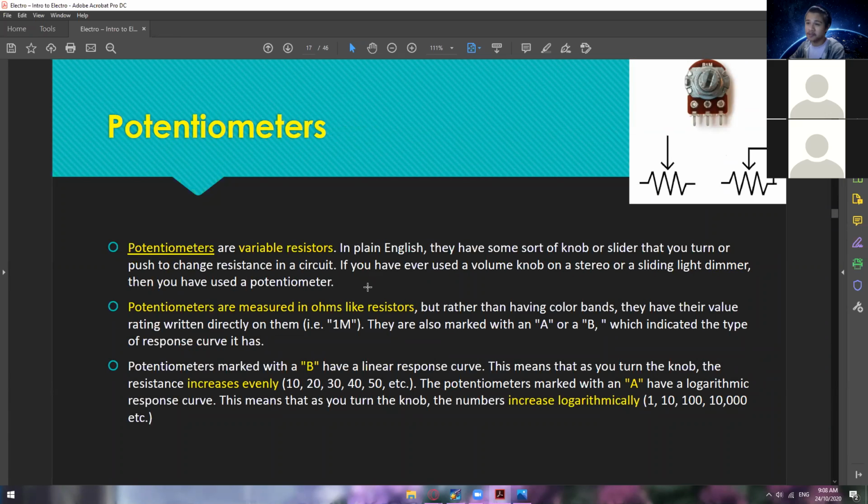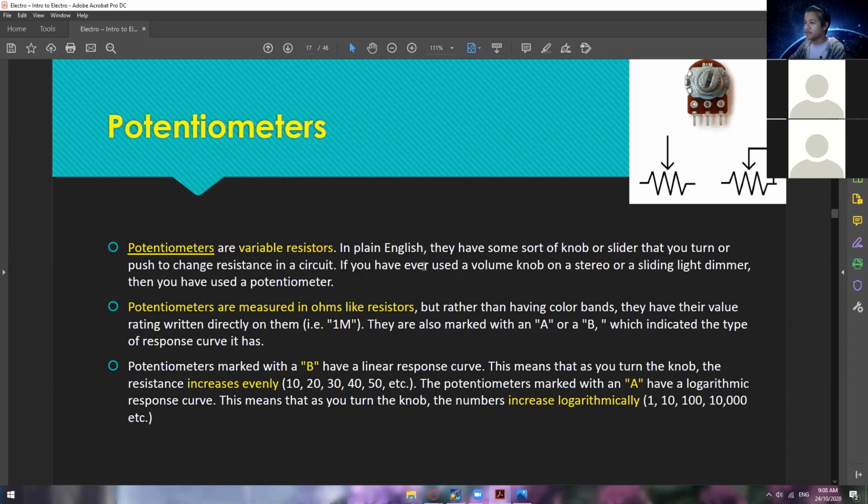Next one is potentiometers. Potentiometers are variable resistors. This one has resistors inside of it, wherein you can adjust it. In plain English, they have some sort of knob. Okay, so this is the knob. You can turn it left or turn it to the right. So turn or push to change resistance in a circuit.